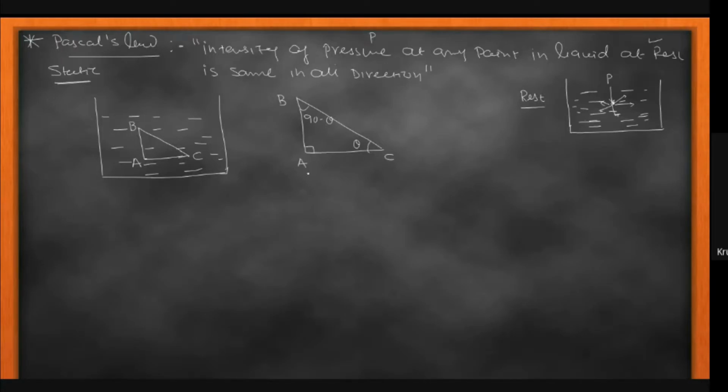This side, which is parallel to the x-axis, I'm naming dx. Parallel to the y-axis, I'm naming dy. And this BC length I consider as ds, that is the surface length.